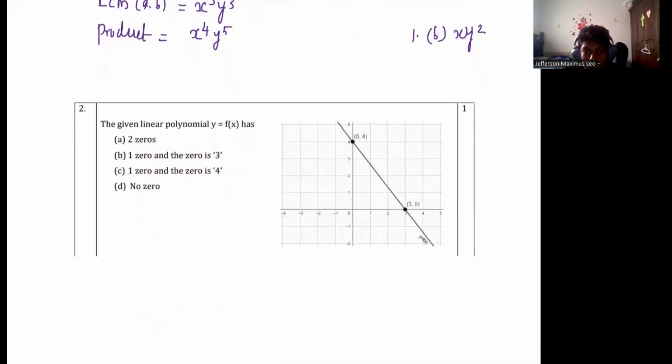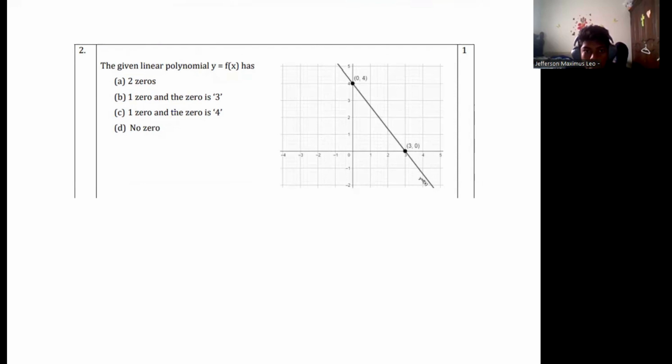Now move to the second question. Please read. The given linear polynomial y is equal to f(x) has how many zeros possible? Linear means the power, the degree, is 1 only. Linear is a straight line.